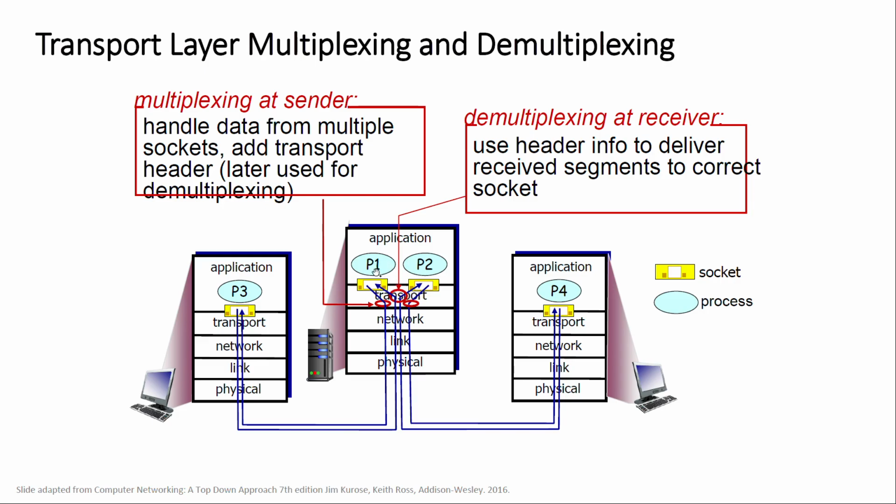For instance, P1 communicates through its socket with the transport layer, and through the network layer this message is sent here, and at the transport layer there's a socket number so that the application layer knows which process this message is intended for. Similarly it happens for this one. So multiplexing at the sender handles data from multiple sockets and adds a transport header, later used for demultiplexing. And at the receivers, in this picture three of them, they use header info to deliver received segments to the correct sockets.